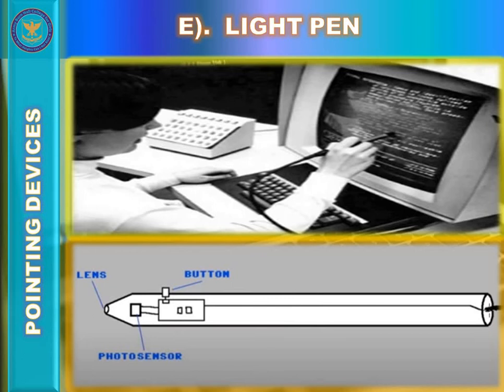The light pen works, as you can see in this diagram, by detecting the change in brightness of nearby pixels.